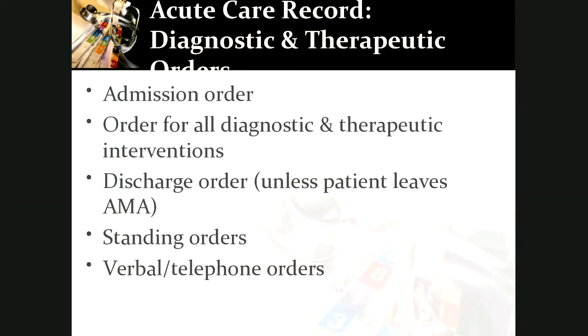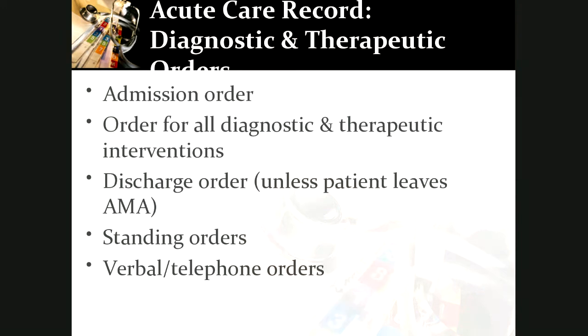A discharge order is always going to be there unless the patient leaves AMA. AMA means against medical advice, and that's important to know, against medical advice. Now, why would that be important? Well, maybe they decided to just up and leave.